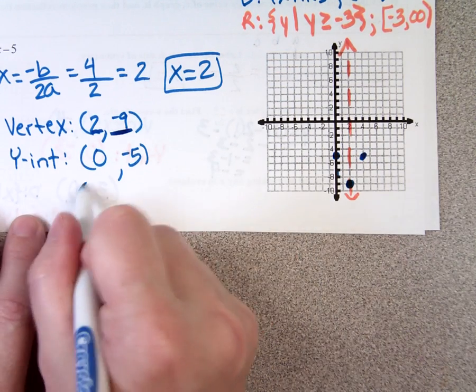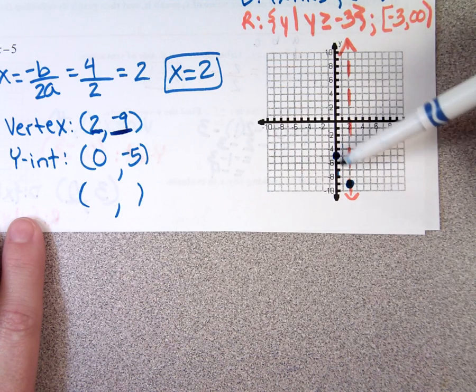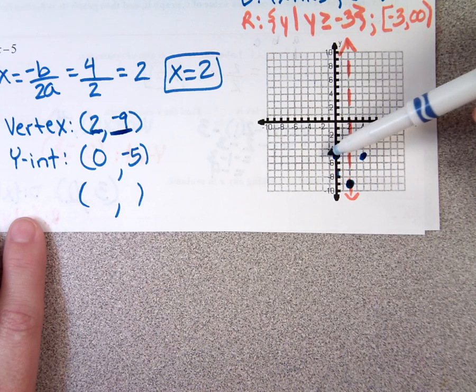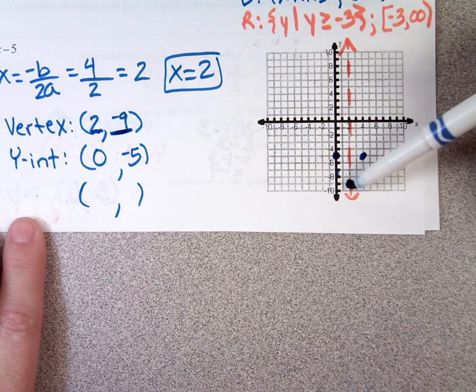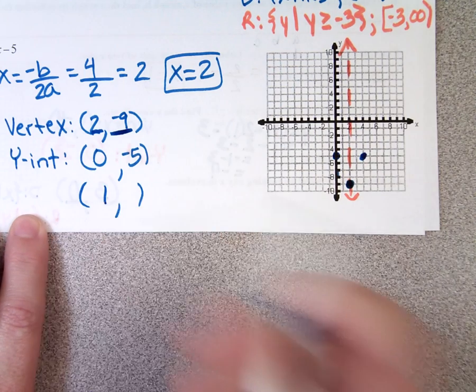Okay, this time when I go to pick my other point, I've got an x value of 0, an x value of 2, an x value of 4. What else would be close? 1 would be close, 3 would be close, 5's not too bad, getting farther away than I want. Negative 1's not too bad either, but 1 would be good and 3 would be good. So I'm just going to do the 1.